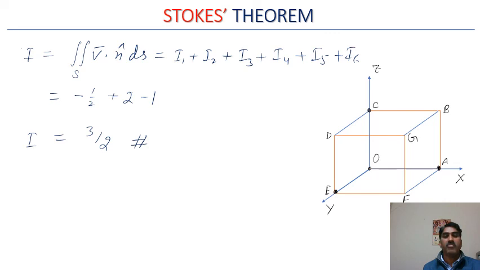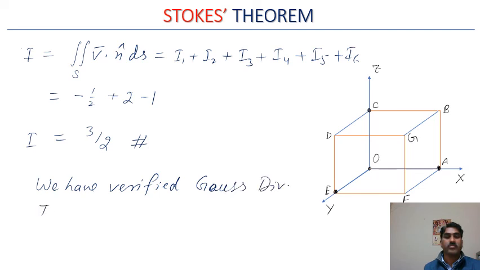So we have verified the Gauss Divergence Theorem for the given vector and surface.